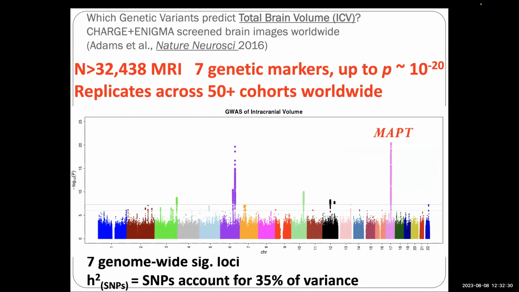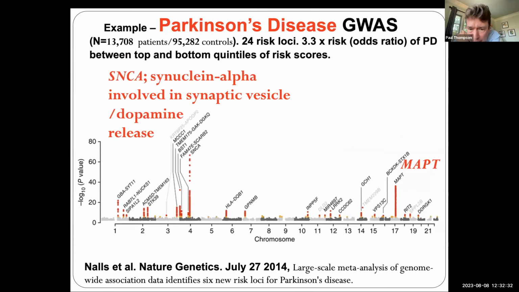So the risk-conferring variant for PD, this is rather an old Parkinson's GWAS, I apologize to Andy Singleton, but it's an old GWAS. You'll see MAPT over there as the second leading hit. Synuclein alpha has a SNP, that's the lead one over there.